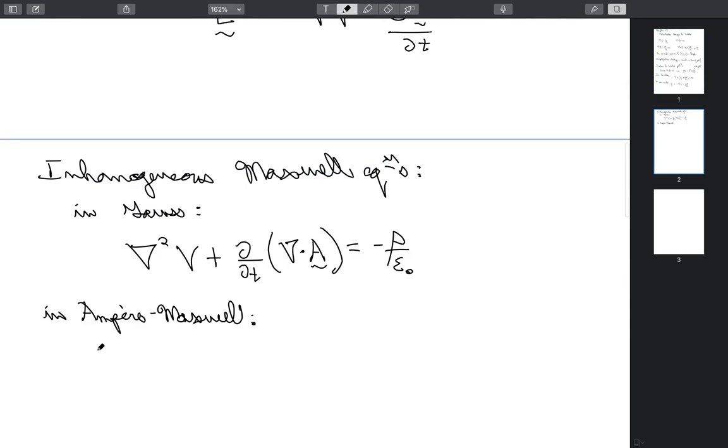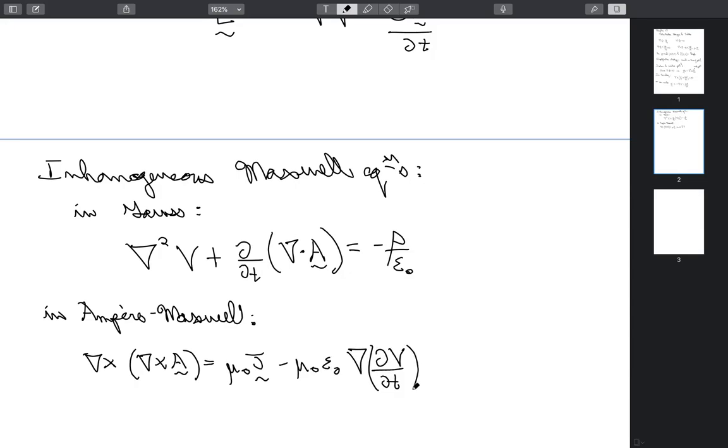I would say that the curl of curl of A is equal to now mu 0 j, minus mu 0 epsilon 0, the gradient of dV/dt, minus mu 0 epsilon 0, now the second derivative of A with respect to t squared.